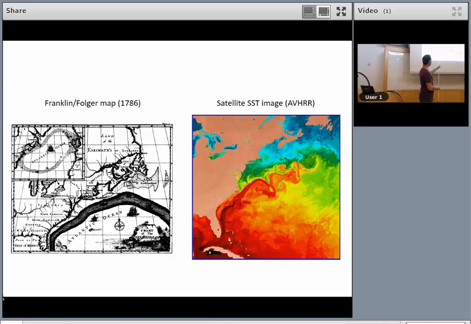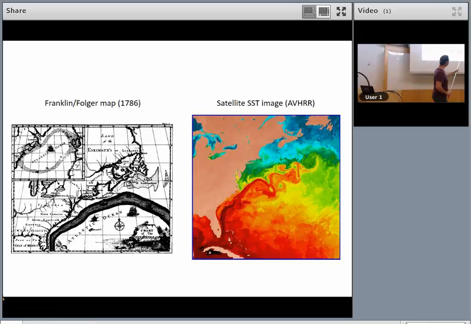It was obtained from the observation that the surface temperature was dropping very abruptly when they were crossing a certain region. They mapped it out and called it the Gulf Stream because this water was very warm, coming from the south, from the Gulf of Mexico, as they assumed, and actually a right assumption.